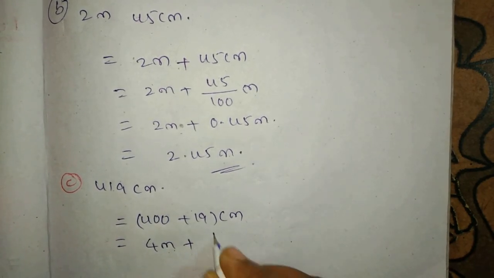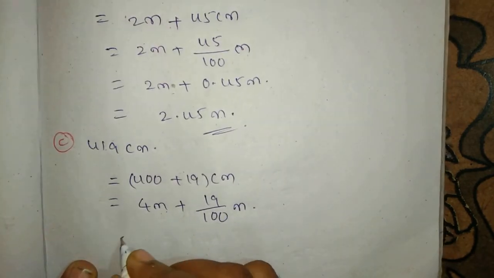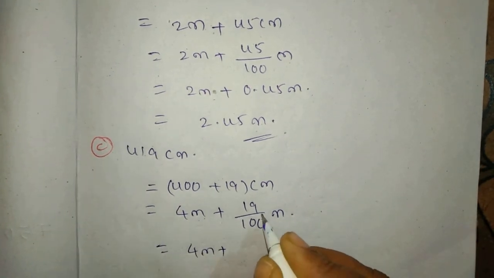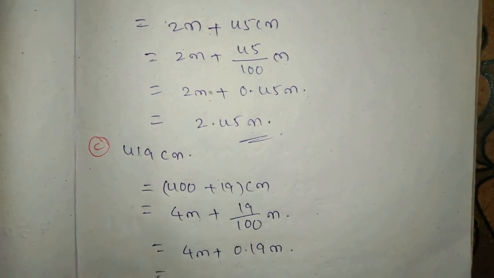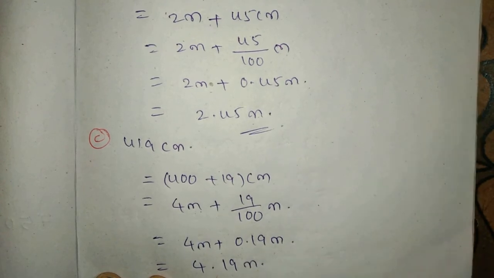This can be written as 19 by 100 meters. That is equal to 4 meters plus 0.19 meters. That is equal to 4.19 meters. Okay.